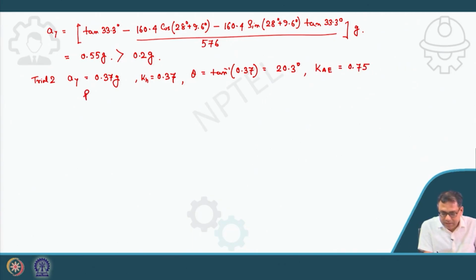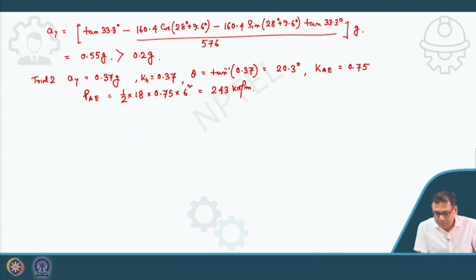So, my PAE is equal to half into 18 into 0.75 into 6 square, because KV is equal to 0. So, in trial 2, this is 243 kilonewton per meter. So, that is the PAE for trial 2.